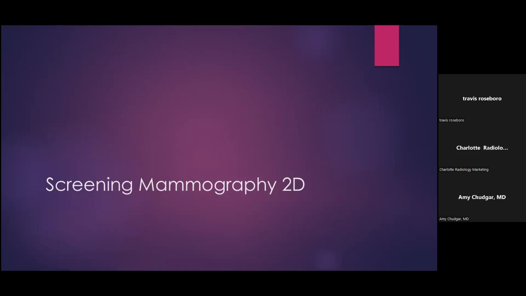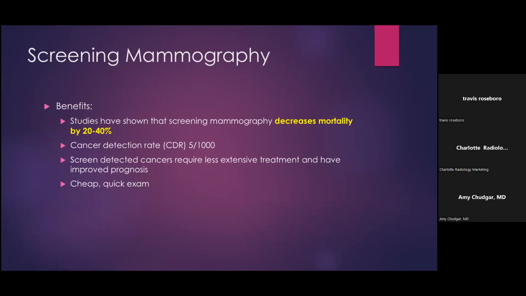So we're going to first talk about screening mammography 2D. So screening mammograms have been shown to decrease mortality by 20 to 40%. And the cancer detection rate, or the CDR, is 5 cancers detected out of 1,000 women screened.